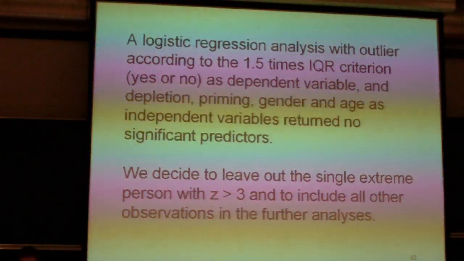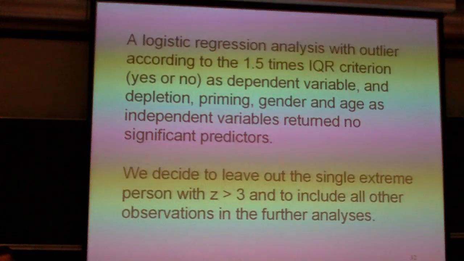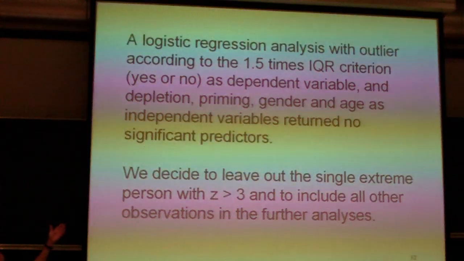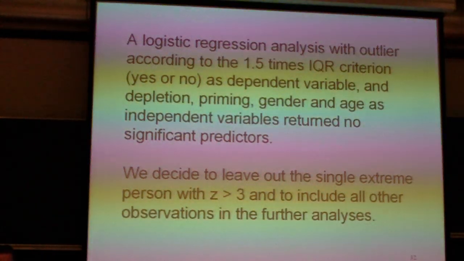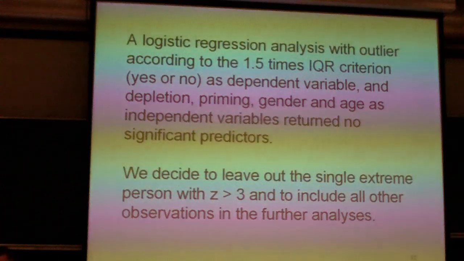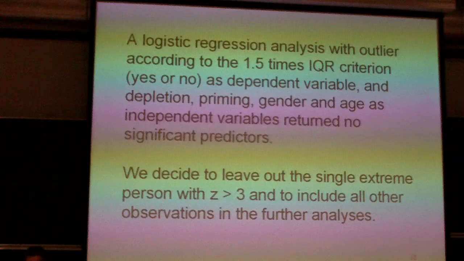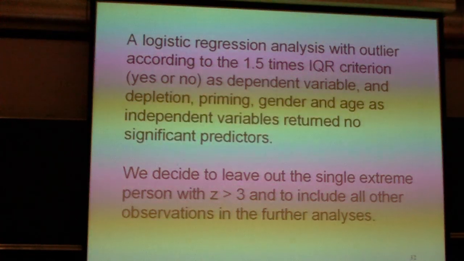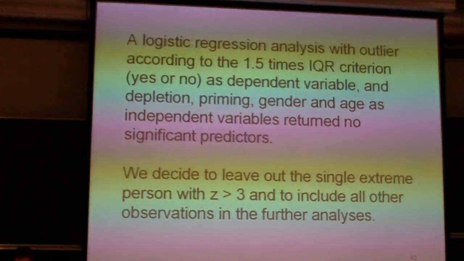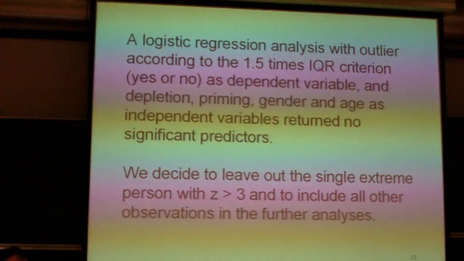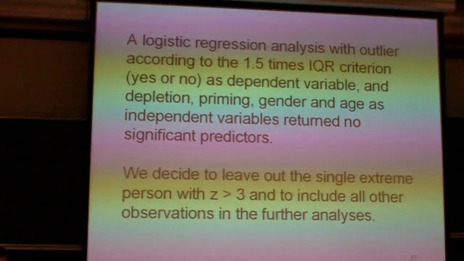Well, in this particular case, none of the background variables, like depletion, priming, etc., succeeded in predicting whether a particular person would come out as outlying or not. So there was no association between the fact that we had an outlier and any of the background variables.